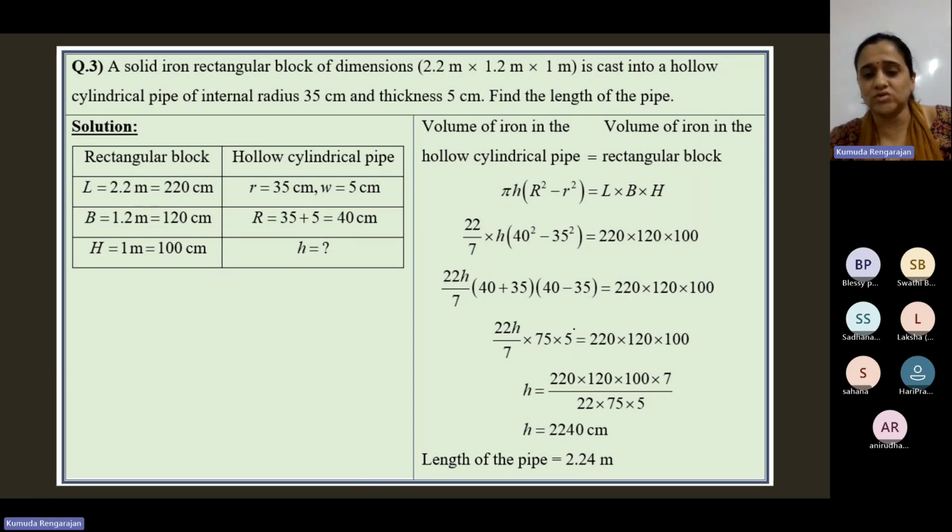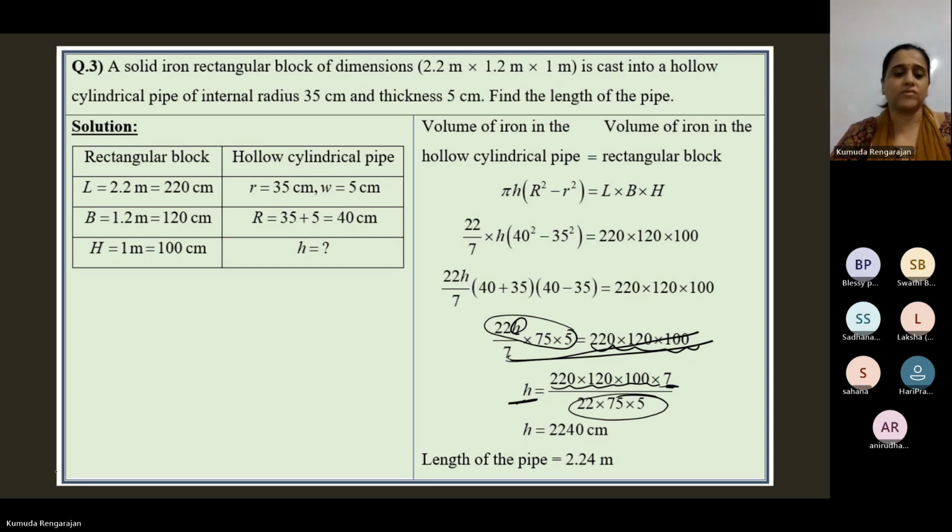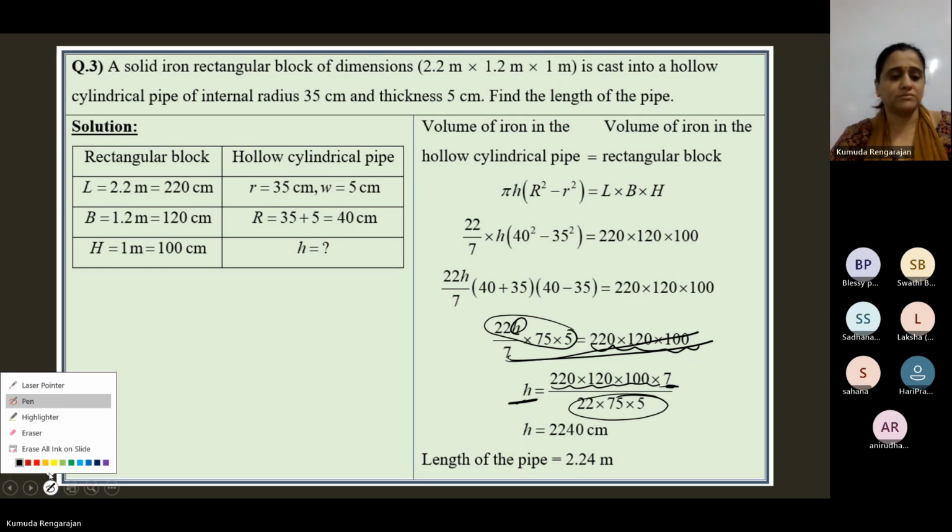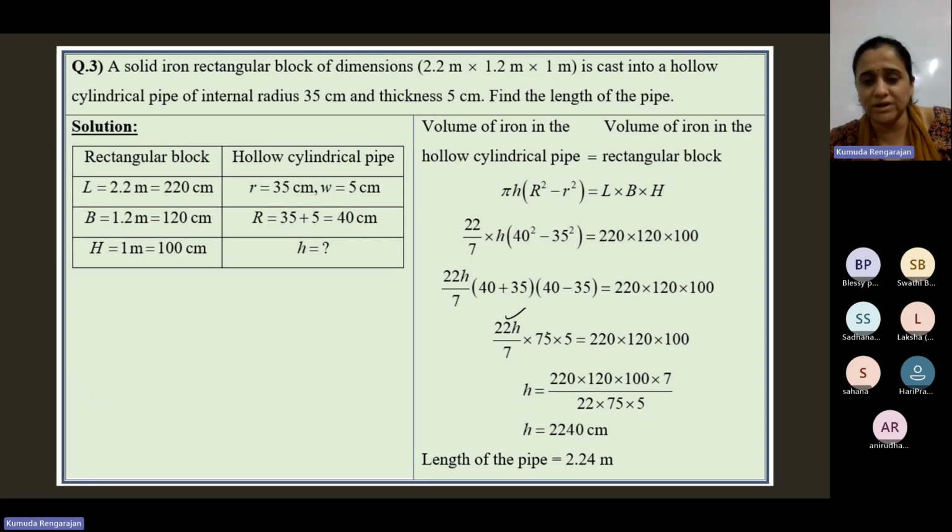Now the numbers when they go to the other side, h is equal to all these numbers, you must write all this. The 7 will go to the numerator. The numbers here in the denominator will go to the numerator, and all the numbers in the numerator, 22, 75 and 5, will come to the denominator on the other side.